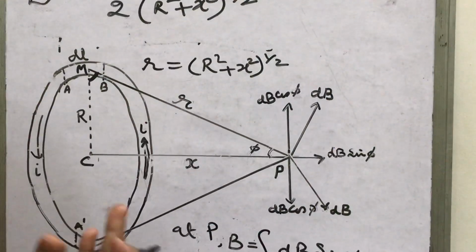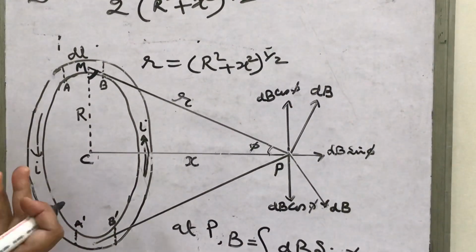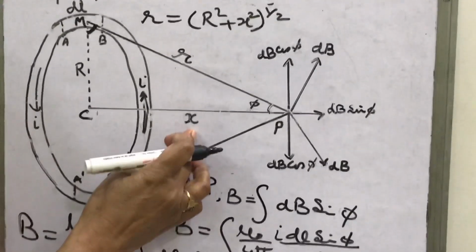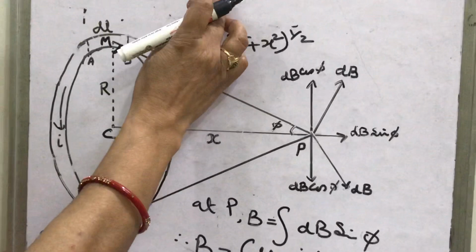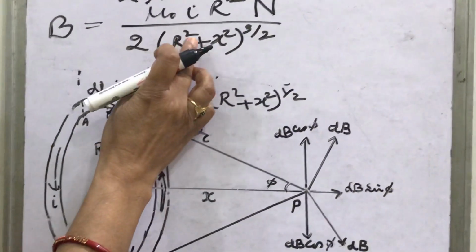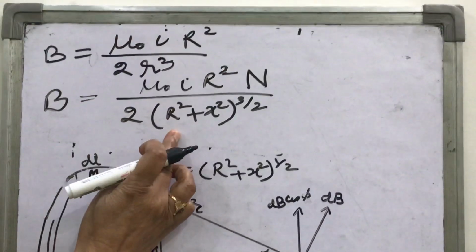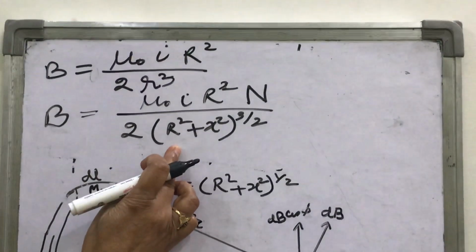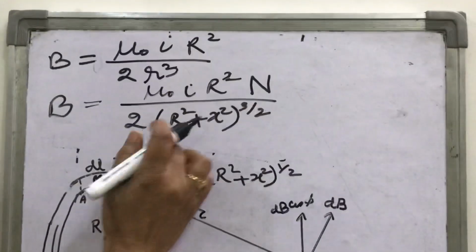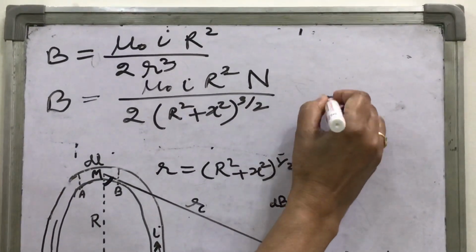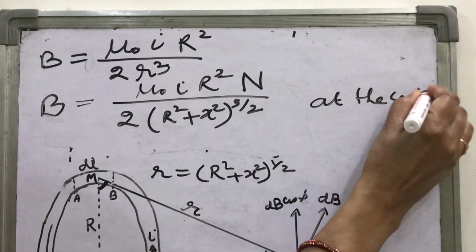Again, suppose you have to find the magnetic field at the center. How will you find? Put x equal to 0. What is x here? If you put x equal to 0, then this r square to the power 3 by 2, this 2 will be cancelled. What will be left here? r cube. So r cube will be there, and r square in the numerator. What will you get at the center of the coil?